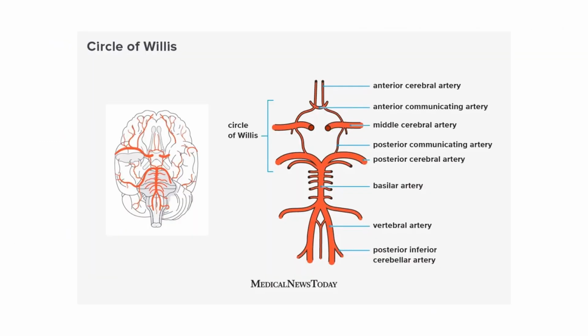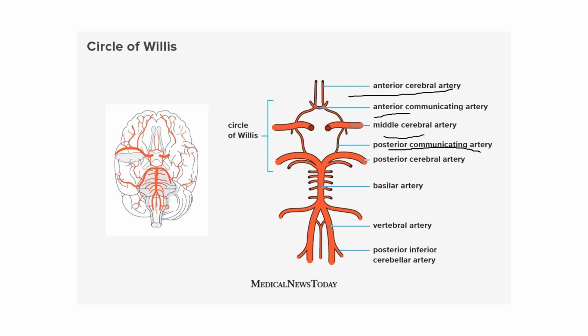So guys, what you are looking at is the simplified version of the circle of Willis. So this is the anterior cerebral artery. This is the anterior communicating artery, which connects both left and right anterior cerebral arteries, middle cerebral artery, and the posterior communicating artery.